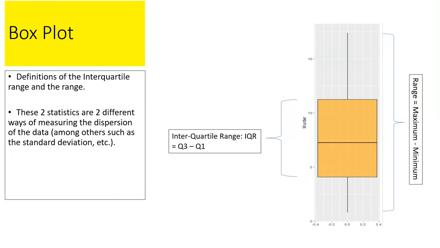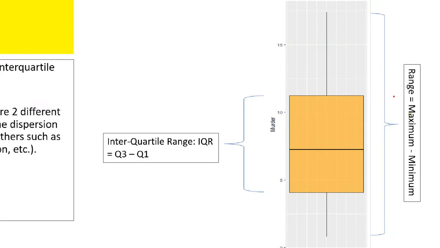Now the range, we also sometimes talk about the range in stats. It's simply the maximum minus the minimum. It's a measure of spread of the data in a way as well. It's quite weak information about the spread of the data, but it can help sometimes to see where your data lie.